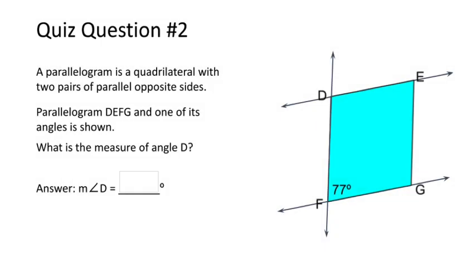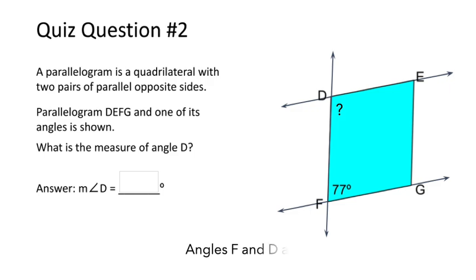Second question, a parallelogram is a quadrilateral with two pairs of parallel opposite sides. Parallelogram DEFG, and one of its angles are shown. What is the measure of angle D? So we want you to remember that with a parallelogram, these consecutive angles F and D are on the same side of the transversal, and they are inside the parallel lines.